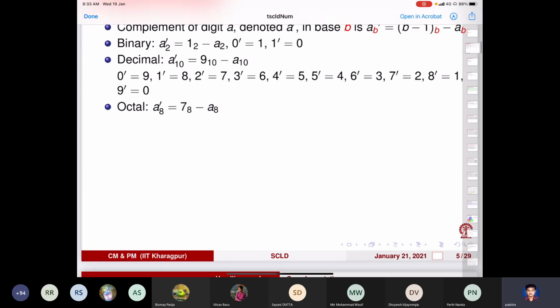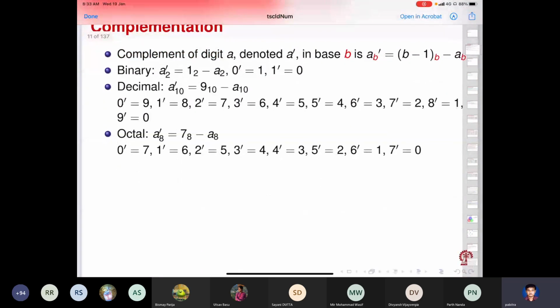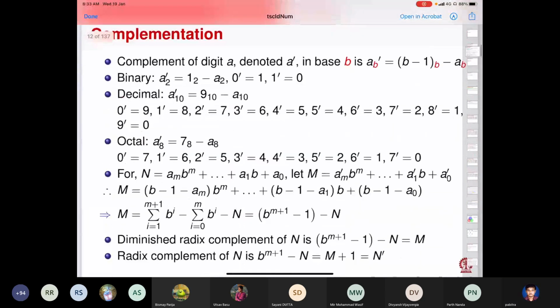In octal too you can easily find such complement pairs. Right now we are talking about single digits.